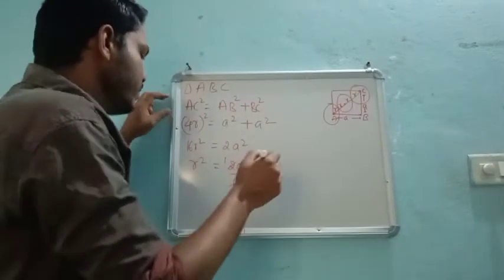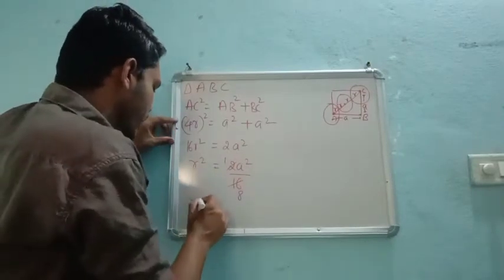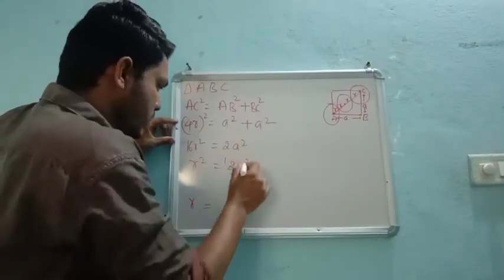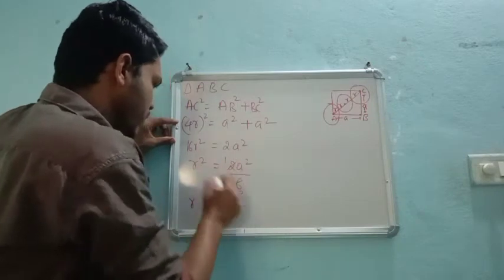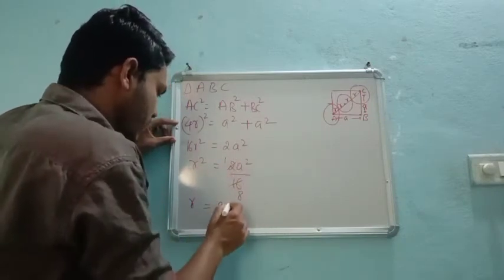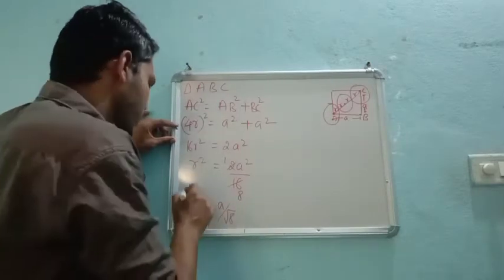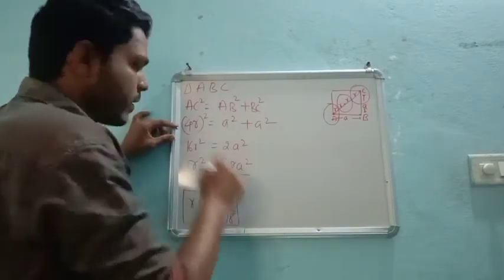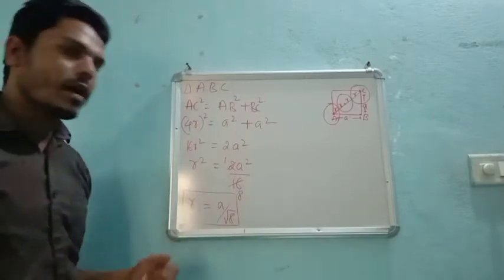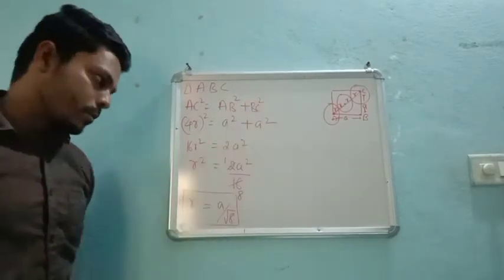Now we require r. So 2 is gone, so square and root will get cancelled, divided by root 8. Or else you can take the root 8 value also, or directly you can put root 8. So this is our value for FCC, right?